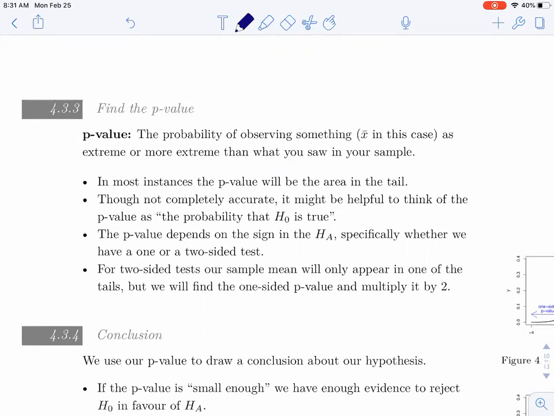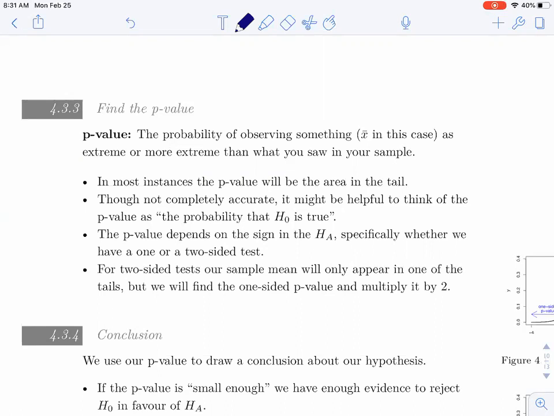The second point might be the most useful in trying to figure out what the p-value is. The p-value is going to become this thing that you know you're supposed to know about, but it's like a weird thing. Okay? I do have the caveat that it's not completely accurate, and that's just me being really, really picky.